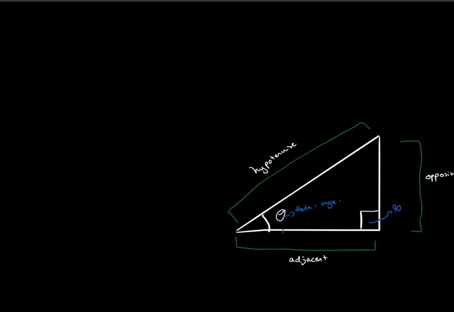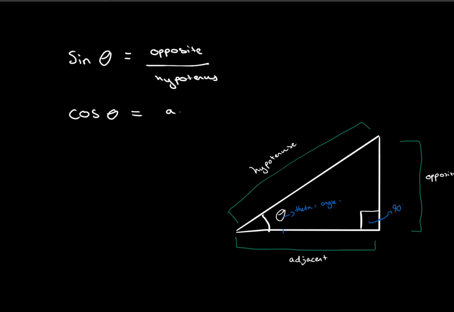Our main functions are going to be sine theta, which is equal to opposite over hypotenuse. We've got our cos theta, which is adjacent over hypotenuse.